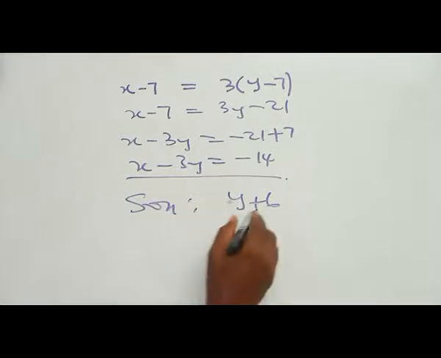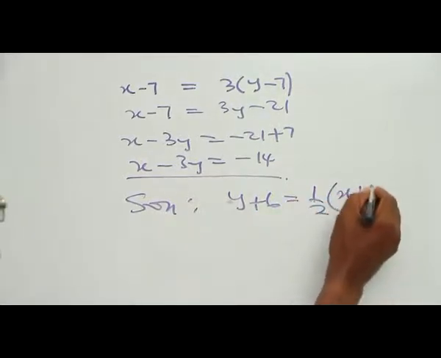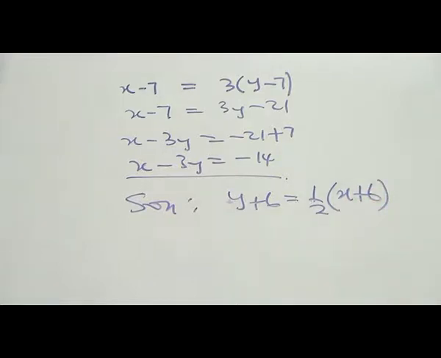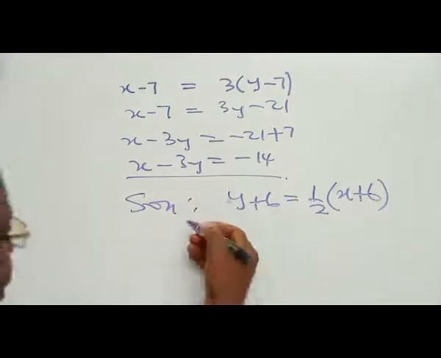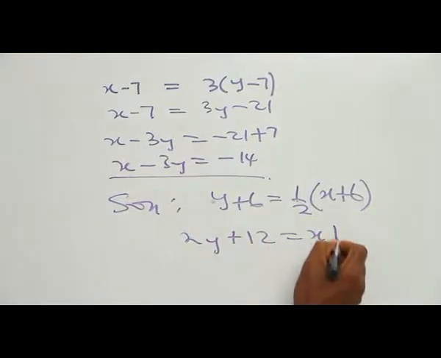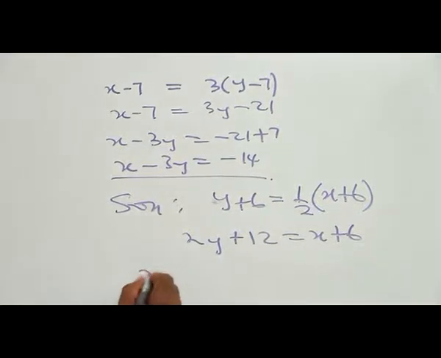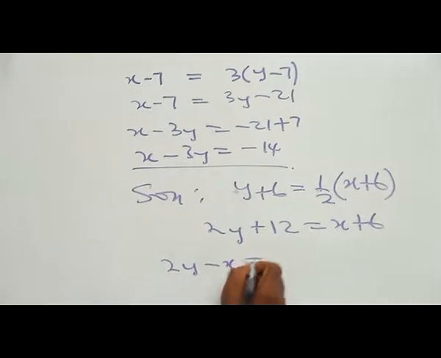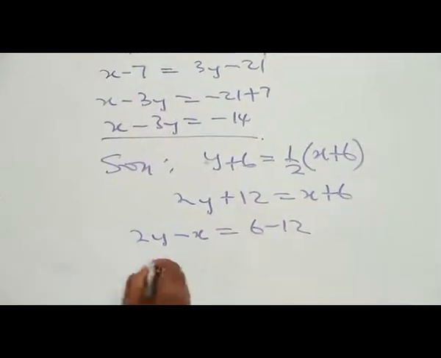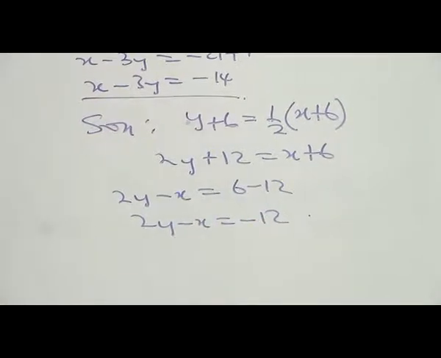And then this age was equal to half of the age of the father. And the age of the father at that time is s plus 6. So in this regard, we have 2y plus 12 equal to s plus 6. I multiply both sides by 2. Then in this case, I have 2y minus s is equal to 6 minus 12, giving me 2y minus s equal to minus 12.